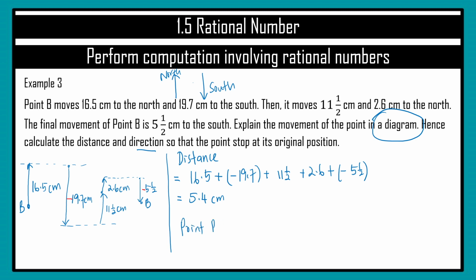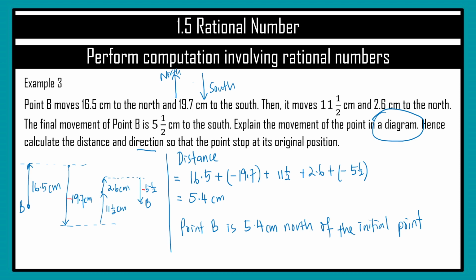Point B is 5.4 centimeter north of the initial point, or the original position. So did you get it right? I hope you did. If you did, well done. If you did not, don't be discouraged, and hopefully this helps you to learn even better.